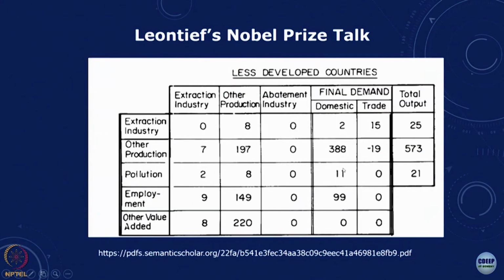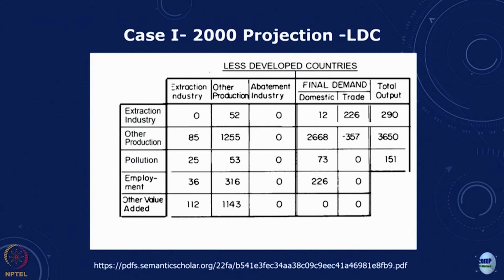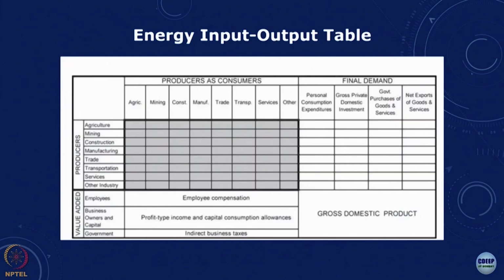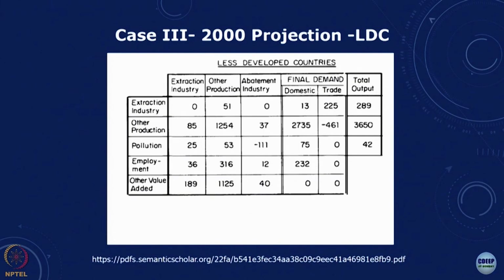A similar thing was done for the less developed countries, and based on this he created different scenarios. In one scenario for the less developed countries, you had not that much production. The other one was where you had a large amount of pollution control in the less developed countries. With these scenarios, he showed the power of the method. I would suggest you look at the details of this paper, and that would give you an idea of how this methodology can be used.